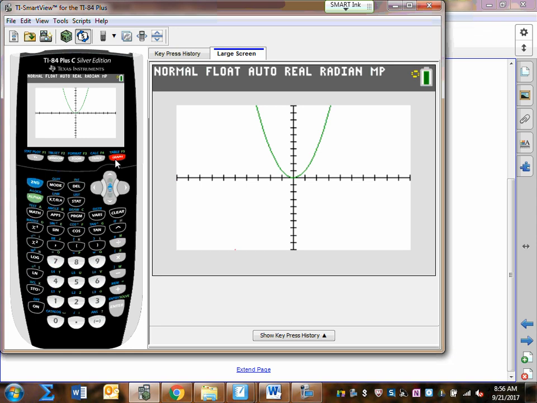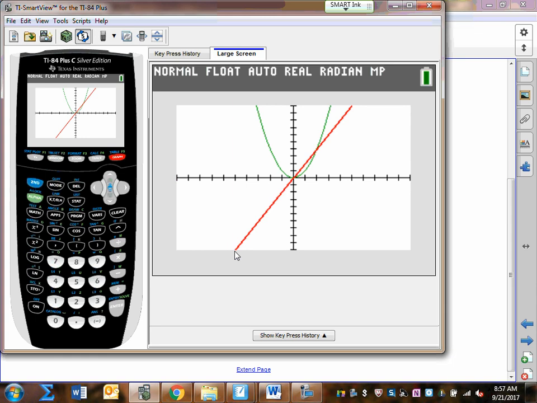Now, as it's working on that, we can take a look and see, on the left-hand side, do I have slope that's negative or positive? Negative. And at 0, what is my slope? 0. And then as I go to the right, what is my slope? Positive. And if we look, negative slopes, negative y values, 0, positive y values.